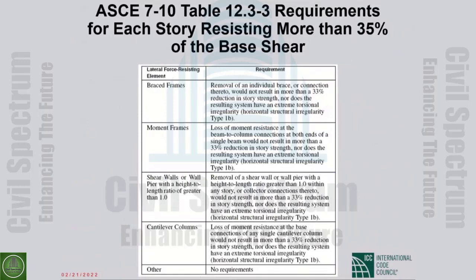So when we say you remove a member from the seismic force resisting system, what are these members? If you have a brace frame system, what you remove is a single brace.